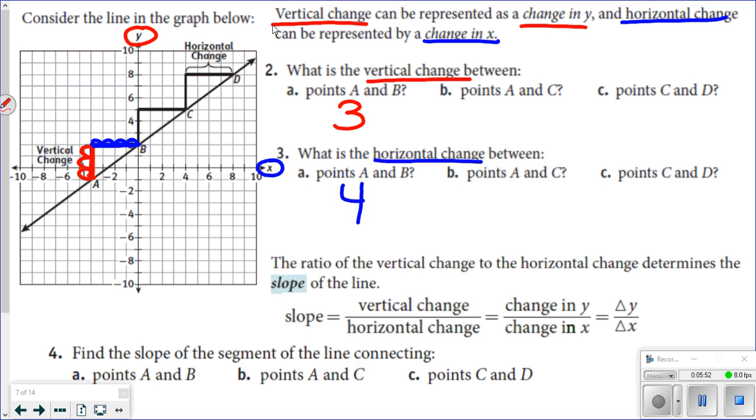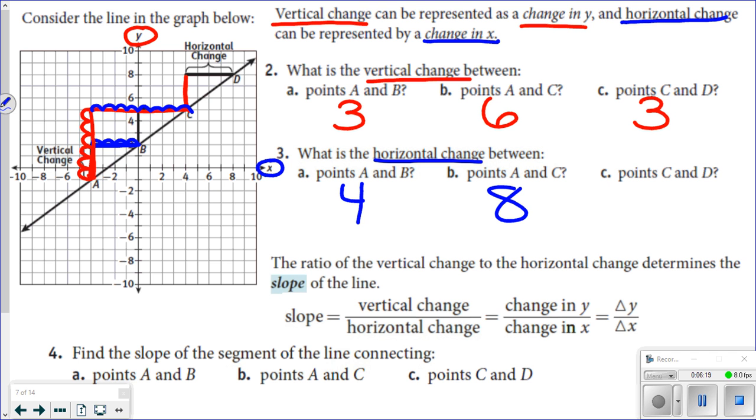Between points A and C, from A all the way to C, it's a bigger stair step. 3, 4, 5, 6 spaces. C to D, 3 spaces. Okay, let's count. 1, 2, 3, 4, 5, 6, 7, 8.